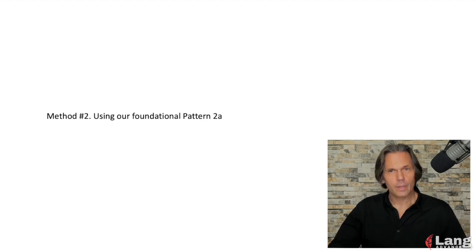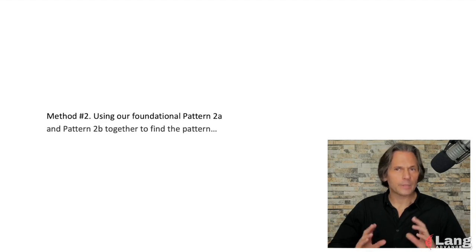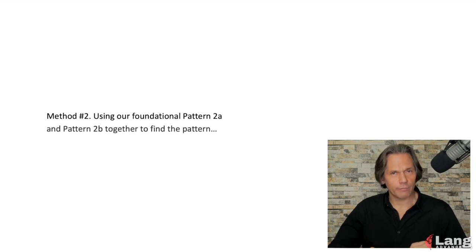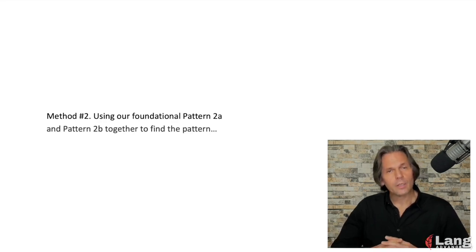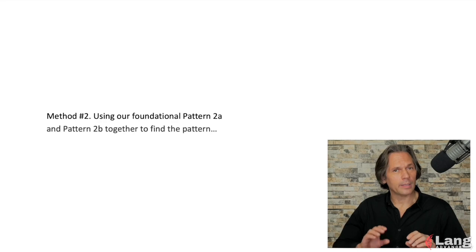Here's method number 2. I described our two-syllable patterns, da-da and da-da, as being the fundamental patterns, the foundation of the course. When we're comfortable with them, it becomes easy to get comfortable with adding syllables. So let's look at those patterns for a moment, and we're going to look at them next to each other, starting with da-da, followed by da-da.